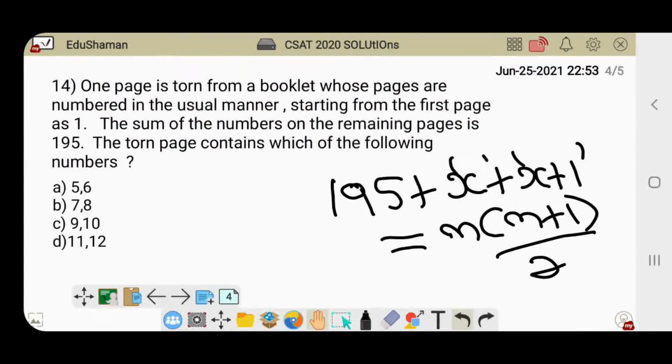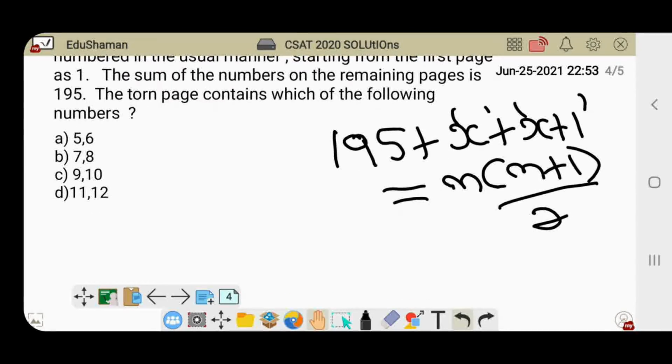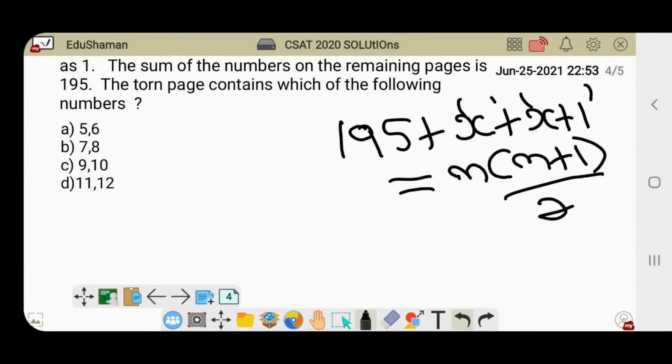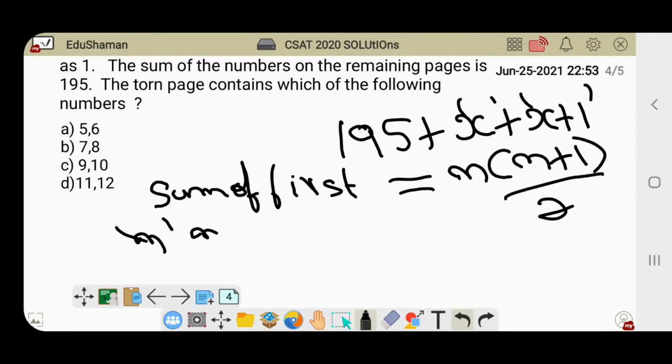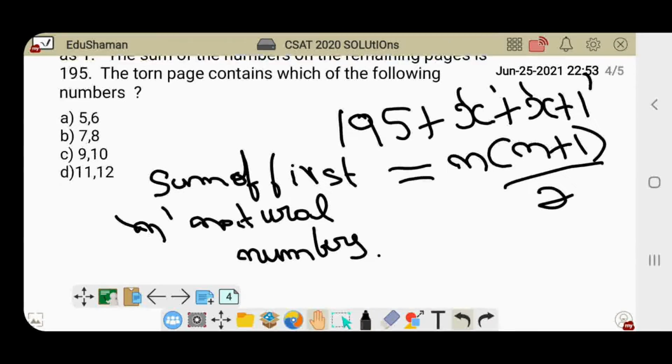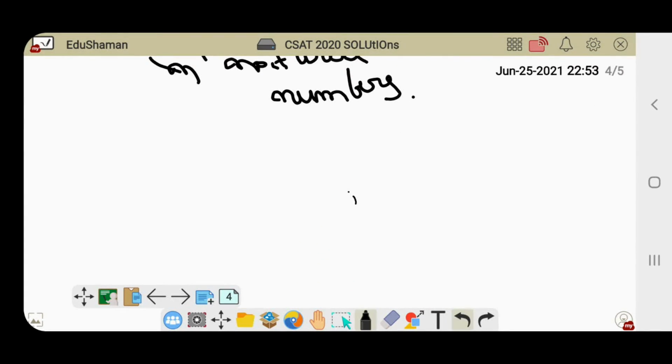The sum of the first n natural numbers is n into n plus 1 by 2. Natural numbers start from 1. So let's assume that the last page is n.